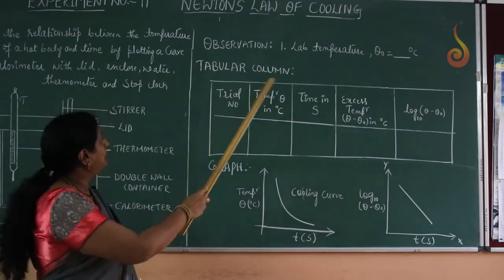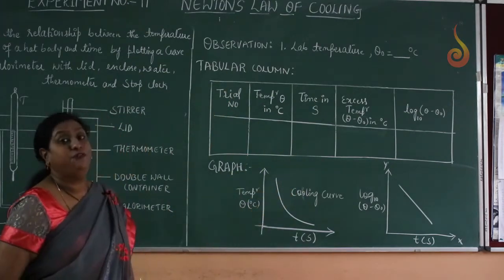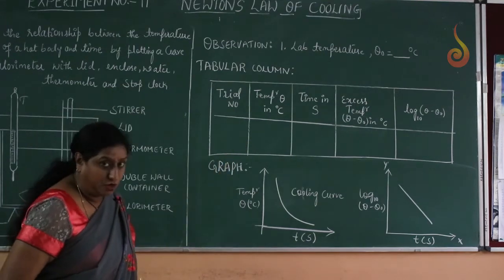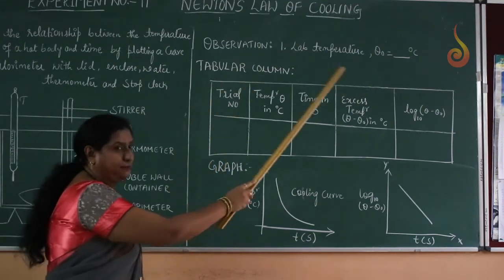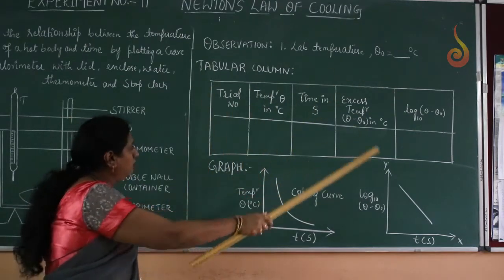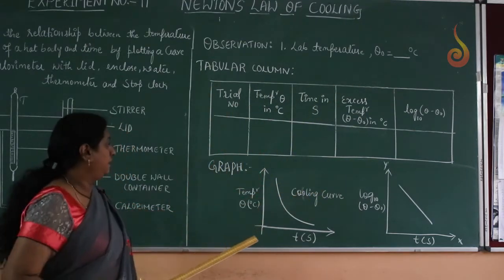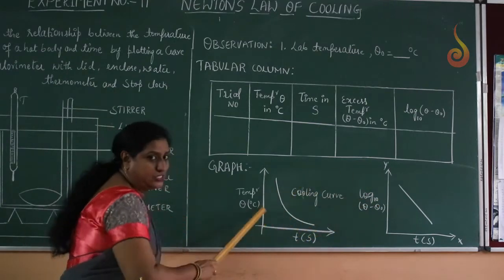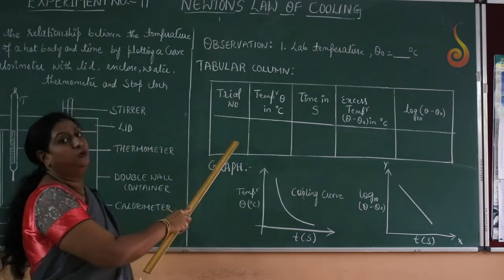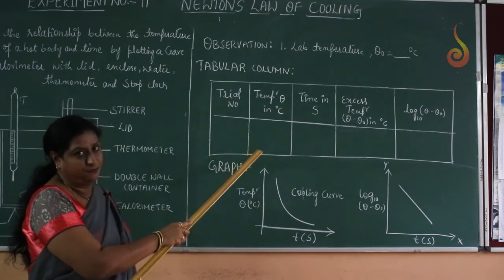Next, we have a tabular column here wherein we will fill the data of the experiment that we perform. Sorry, the table is shown very small here because I had to write down these two graphs over here. And don't think that only one or two trials are enough to perform this experiment.